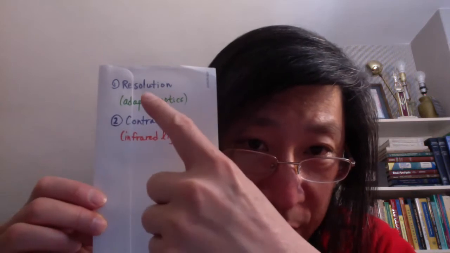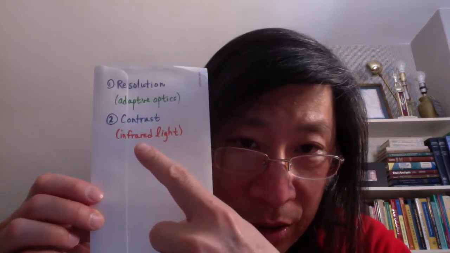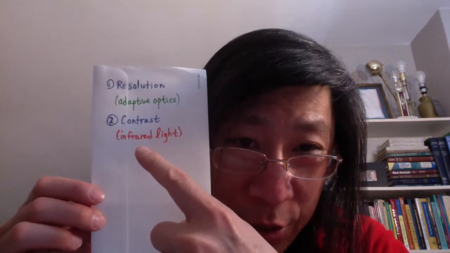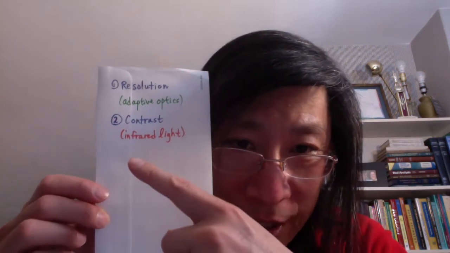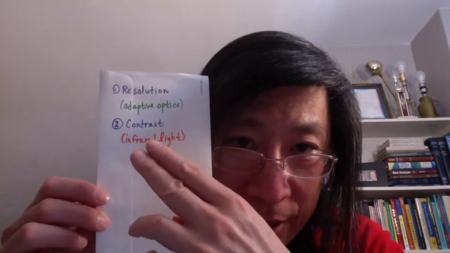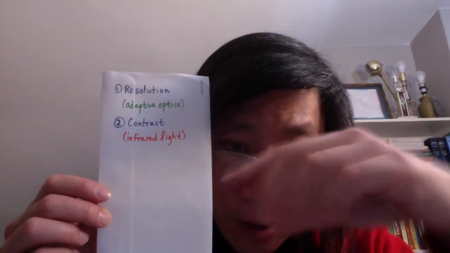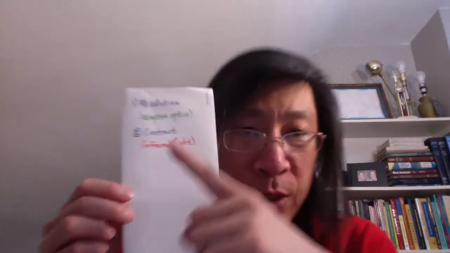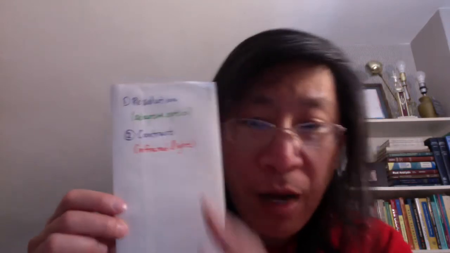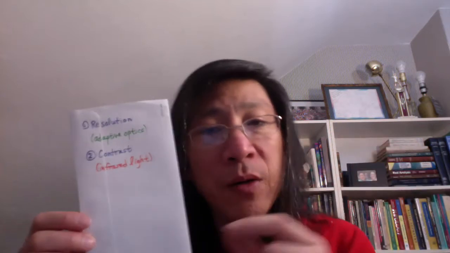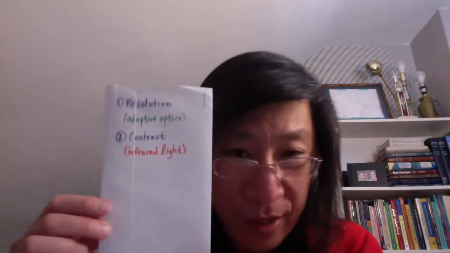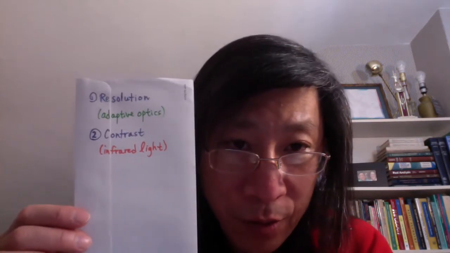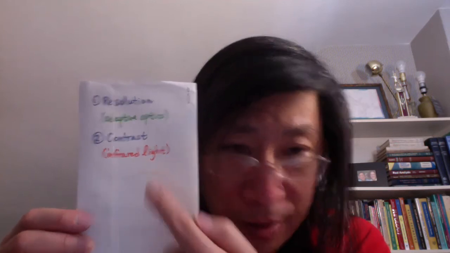You have better resolution, but then you wind up with increased contrast because your wavelength is shorter. If you have a longer wavelength, you have better contrast, so one is less likely to drown out the other, but then the resolution gets worse. So that's why you've got to use these adaptive optics techniques and so forth to improve your resolution, even though you have gone to longer wavelengths, which would reduce your resolution otherwise. So that's resolution and then contrast.